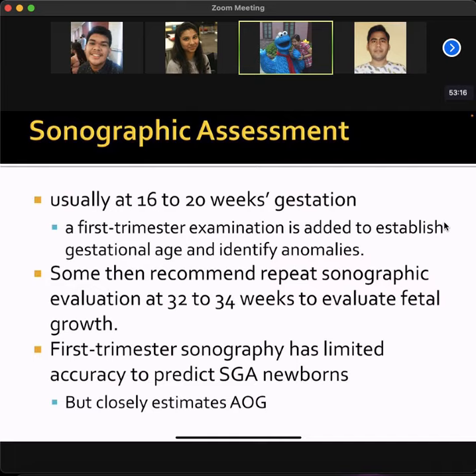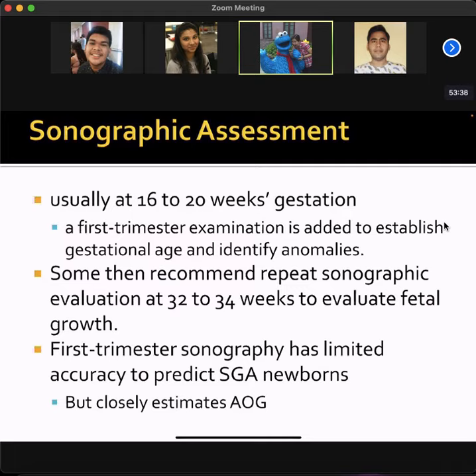These are also the times that if the mother is high risk for the baby having congenital anomalies, depending on the risk factors of the mother, then this is also the time that congenital anomalies are identified.